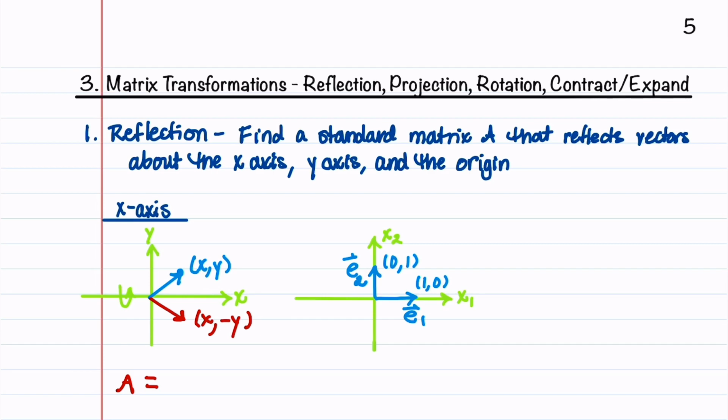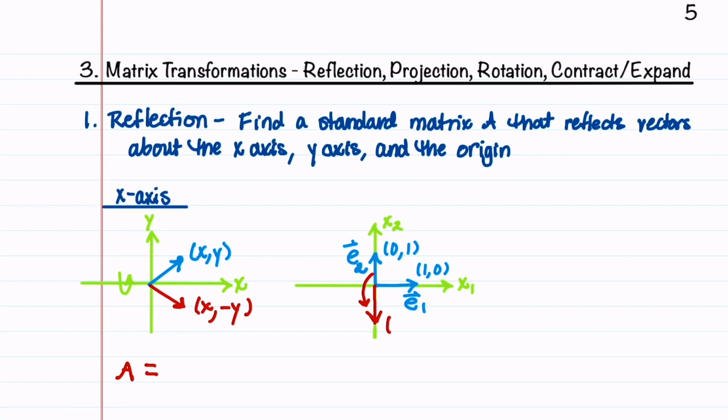e1 lies along the x-axis, so it's going to stay the same. However, e2, as we reflect it about the x-axis, will become like this, and it can be written as [0, -1]. The transformations of e1 and e2 are going to form our standard matrix.